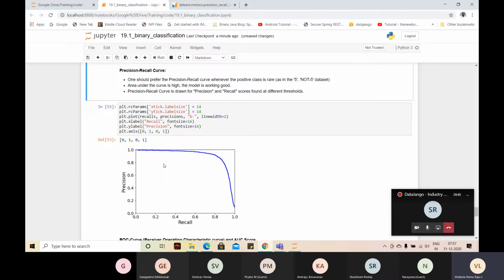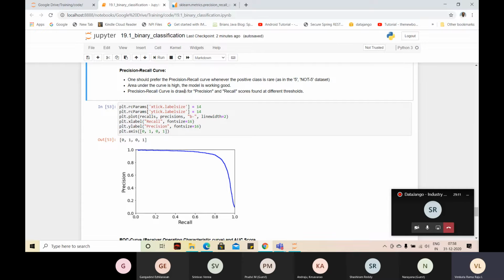The line should touch the top and the right side. If you have a gap here, that means the model is still not working well. The area under the curve is the accuracy there. If the area under the curve is high, the model is working well.